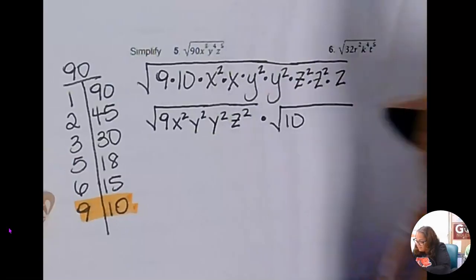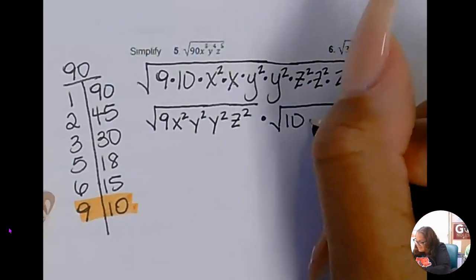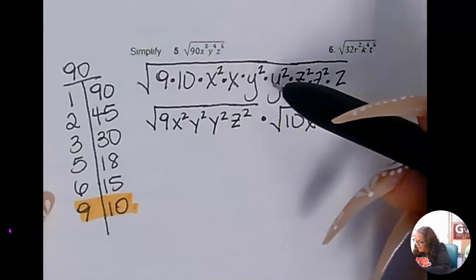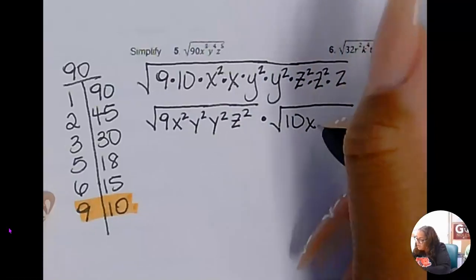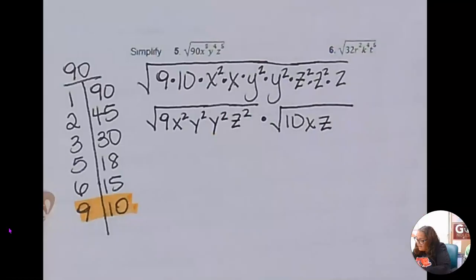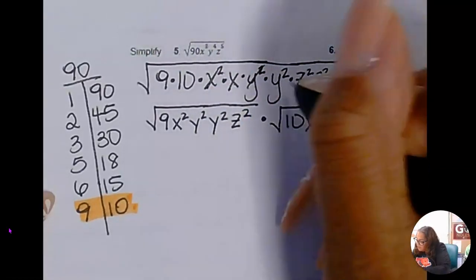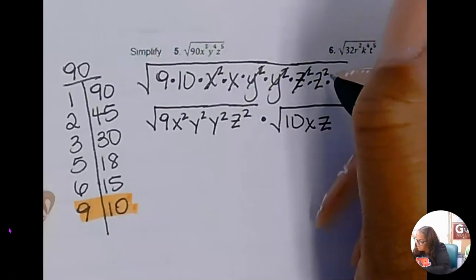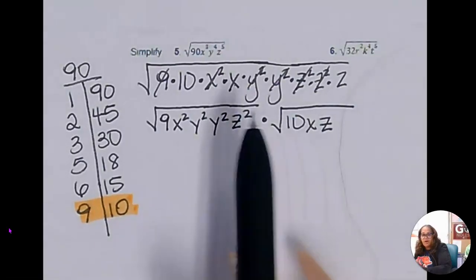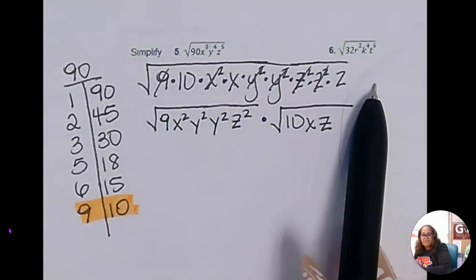That is 10 and an x. And no y's. Good, you're paying attention. And a z. Because this one's gone, this one's gone, this one's gone, this one's gone, this one's gone, and this one's gone. My perfect squares are gone. I'm left with 10 times x times z.